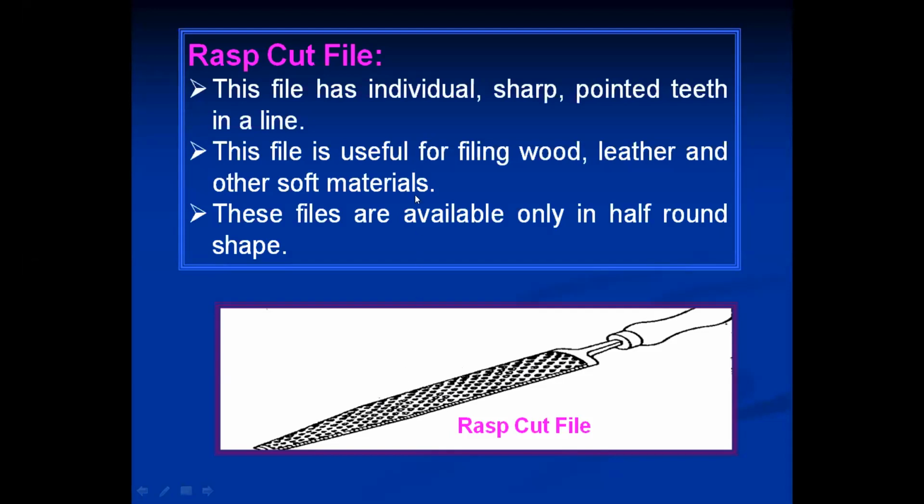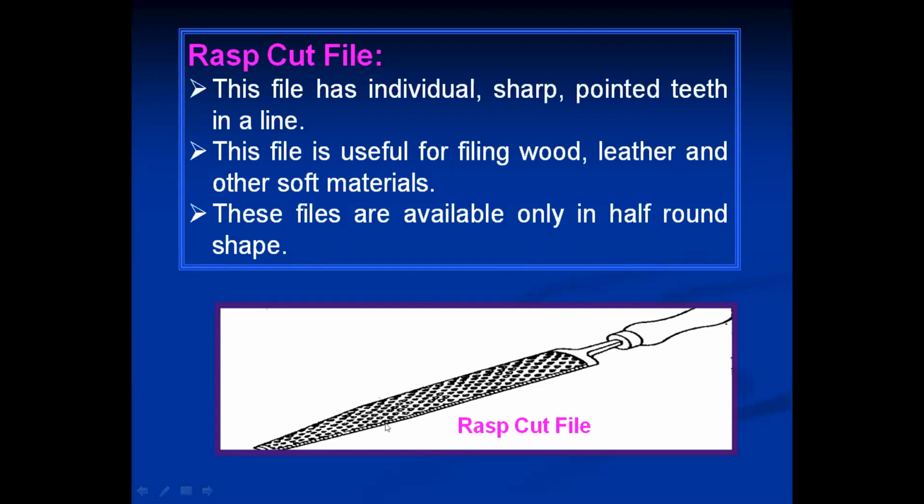This file is used for filing wood. What is the use of rasp cut file? It is used for filing wood, leather, and other soft materials. These files are available only in half-round shape.